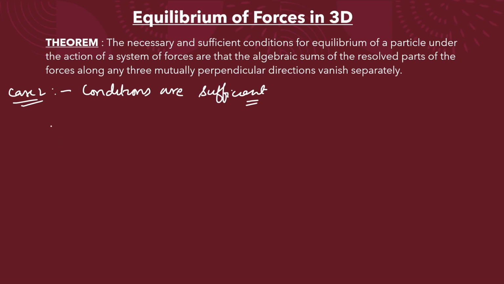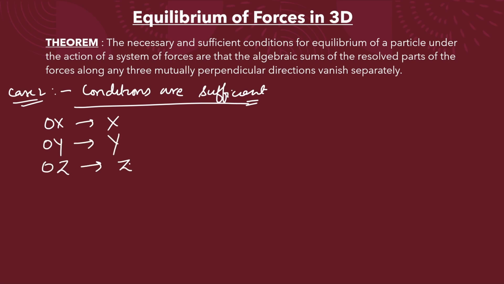If the sum of resolved parts of the forces along three mutually perpendicular directions is 0, so the sum of resolved parts of the forces along OX is capital X, along OY is capital Y, along OZ is capital Z. If the algebraic sum along the three mutual directions is 0, we have considered this as 0.